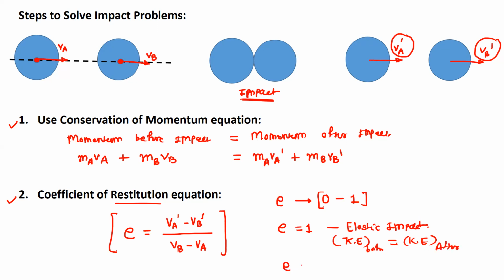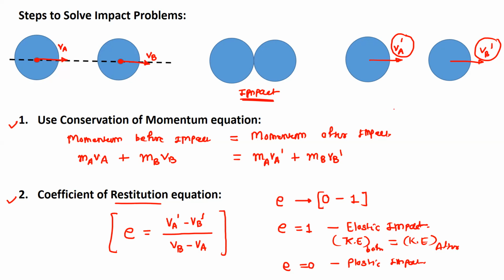When E is equal to 0, this is called a perfectly plastic impact. In case of plastic impact, both the objects after collision move with the same velocity.